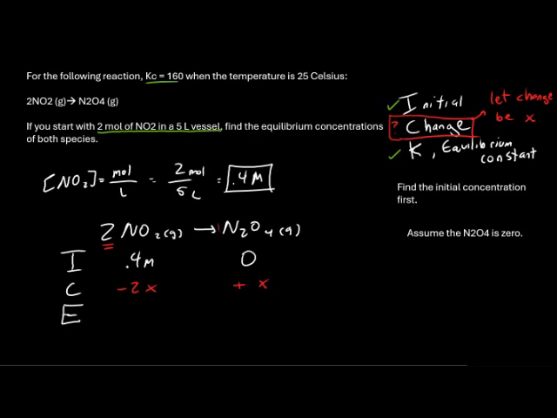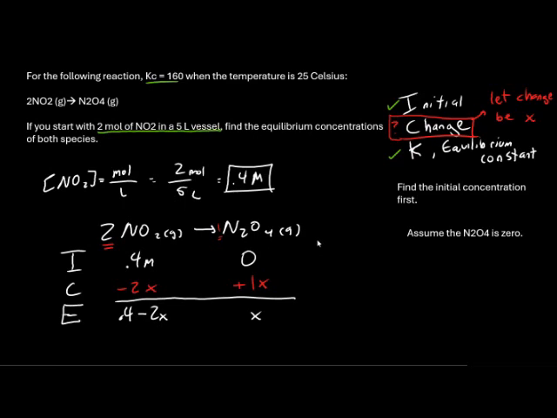On the right, we have a coefficient of 1, so we'll say 1x on the right. Now we add or subtract to get our equilibrium concentrations. We'll have 0.4 minus 2x for our NO2, and then just x for our N2O4. Now we have the equilibrium concentrations in terms of x.